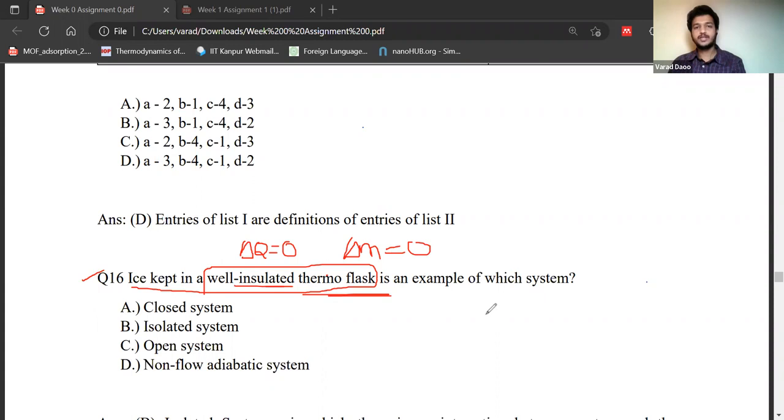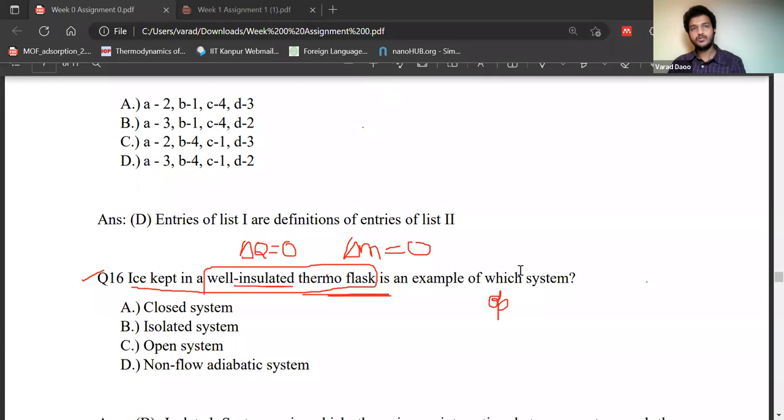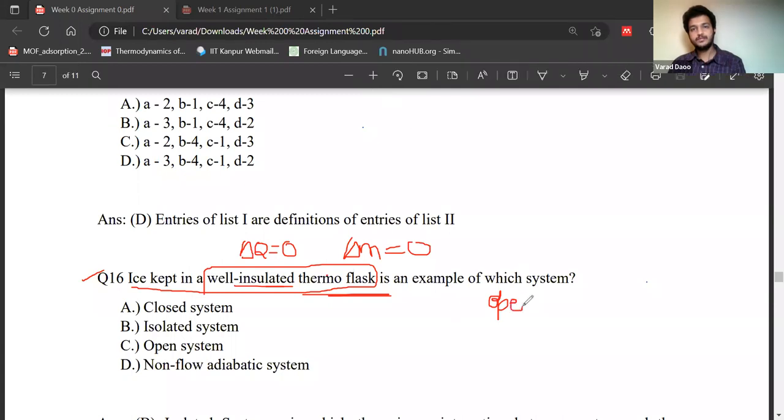Okay. So let us again revisit that. Open system means delta M not equal to 0, delta Q not equal to 0.